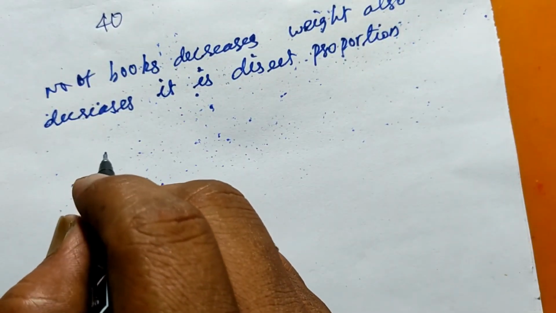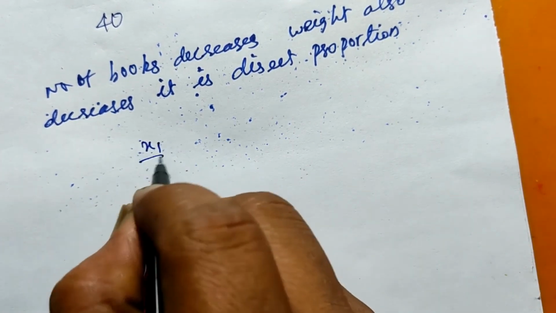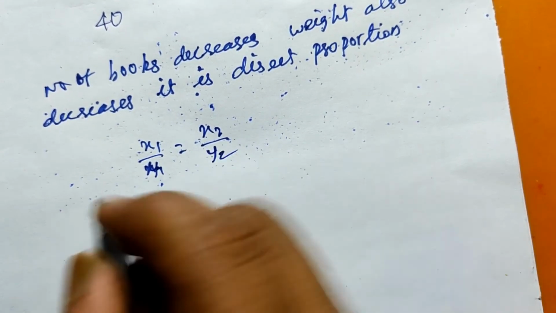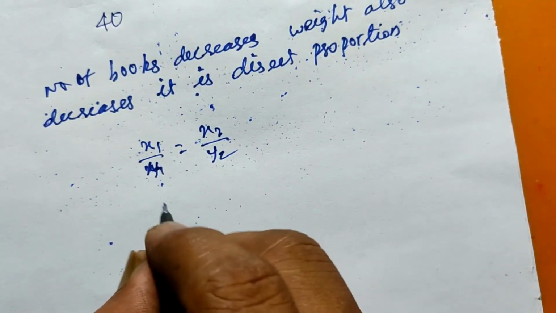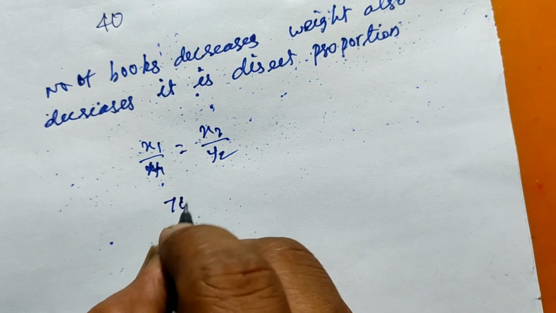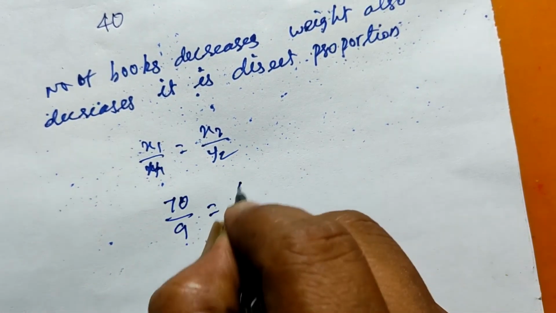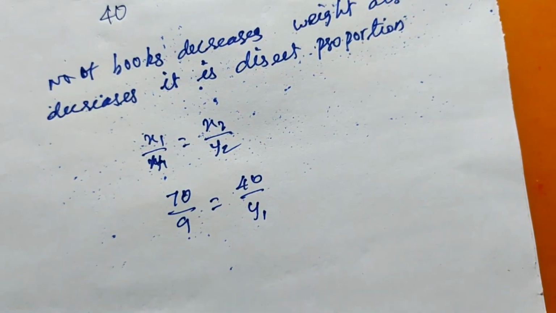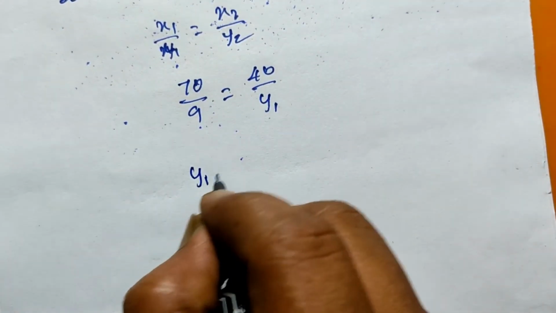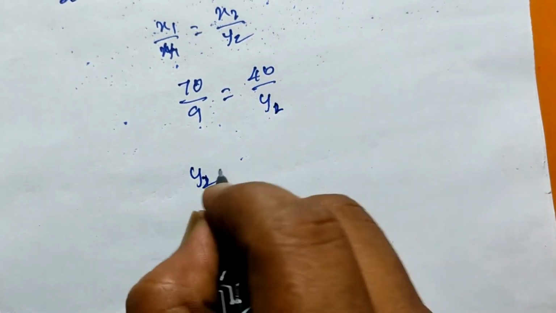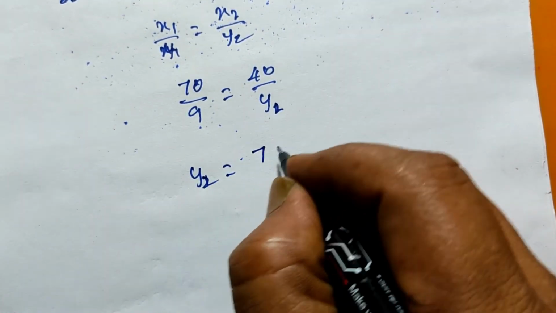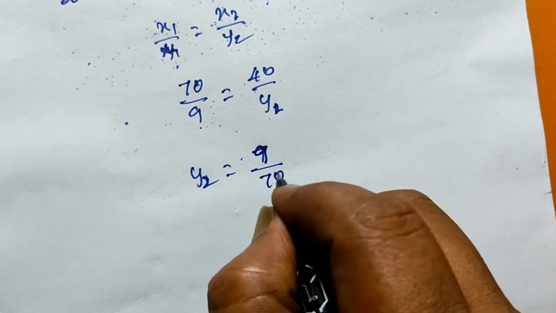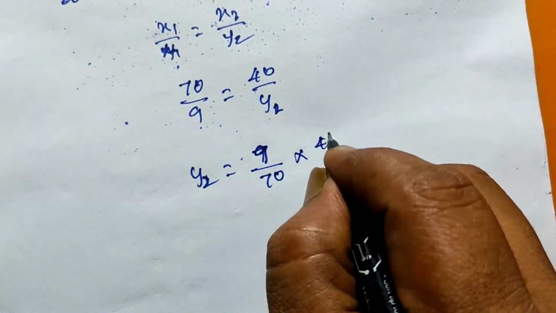So what is that? Listen, x1 divided by y1 equal to x2 divided by y2. Then x1, 72 divided by 9 equal to 40 divided by y2. So y2 equal to 9 divided by 72 into 40.